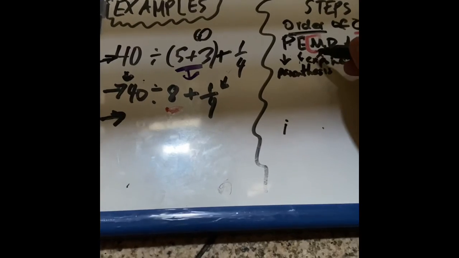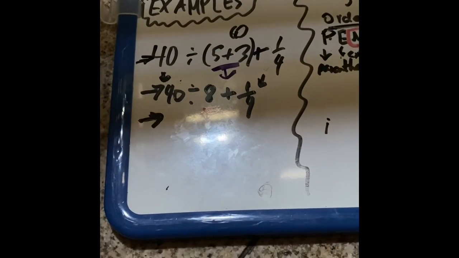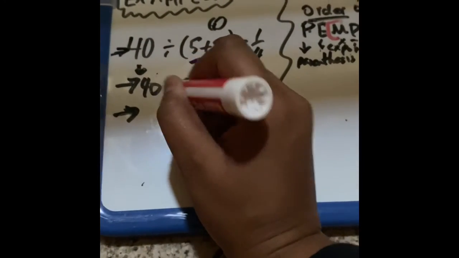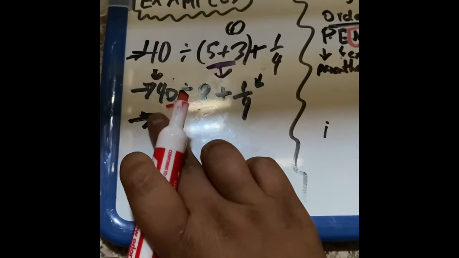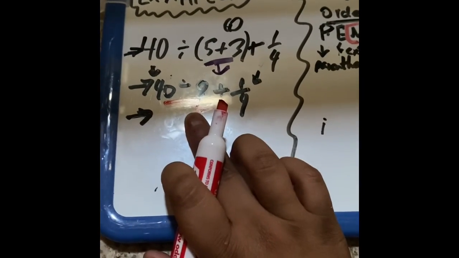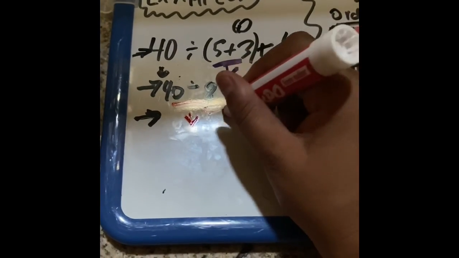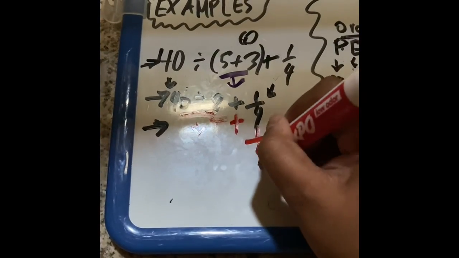Do I have any multiplication or division? If you said yes, give yourself a pat on the back. I'm going to underline the two terms. I'm going to draw my little arrow down. I'm going to keep my plus sign, and I'm going to bring down that 1/4.